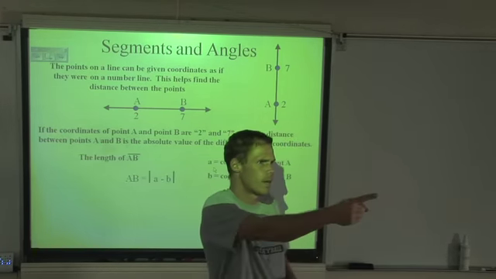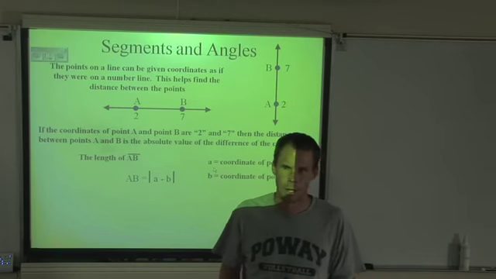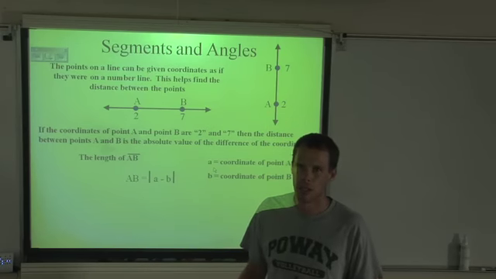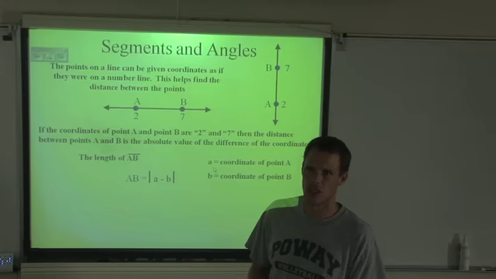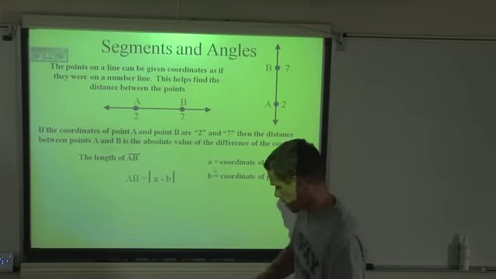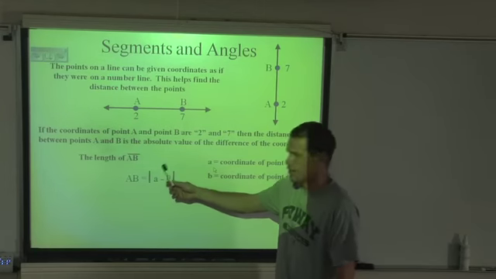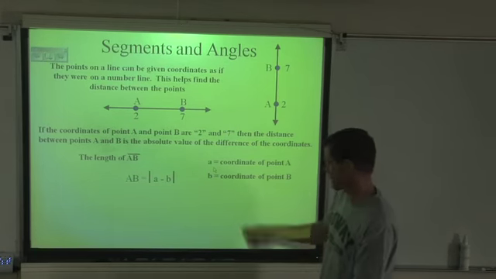Or I live -2 miles that way. No, distances are not negative. So an absolute value is just a distance from 0. -5 is still 5 spaces away from 0, just to the left rather than to the right. So if we take the absolute value of a subtraction, we will always produce a distance.